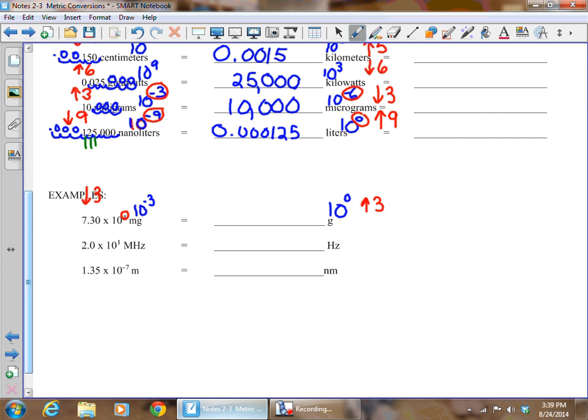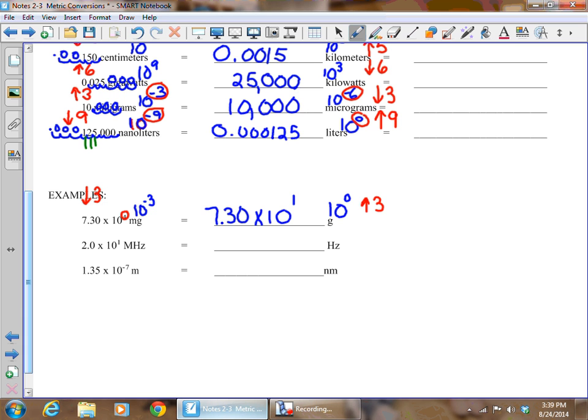I just have to take 4 minus 3, which is going to give me 1. I don't have to worry about having the correct sig figs because it already has the right sig figs. I'm simply going to write 7.30 times 10 to the minus 1 for my answer. Try the next one real quick yourself.